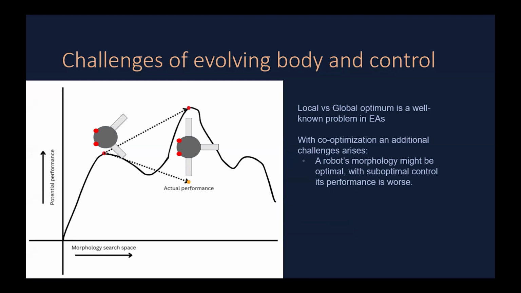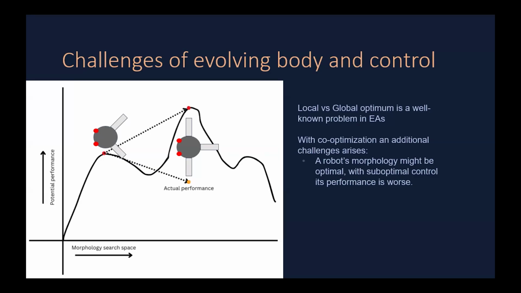So the robot on the right has a higher potential performance, but because its actual control has not been optimized yet, its actual performance is low, and it will therefore be discarded.